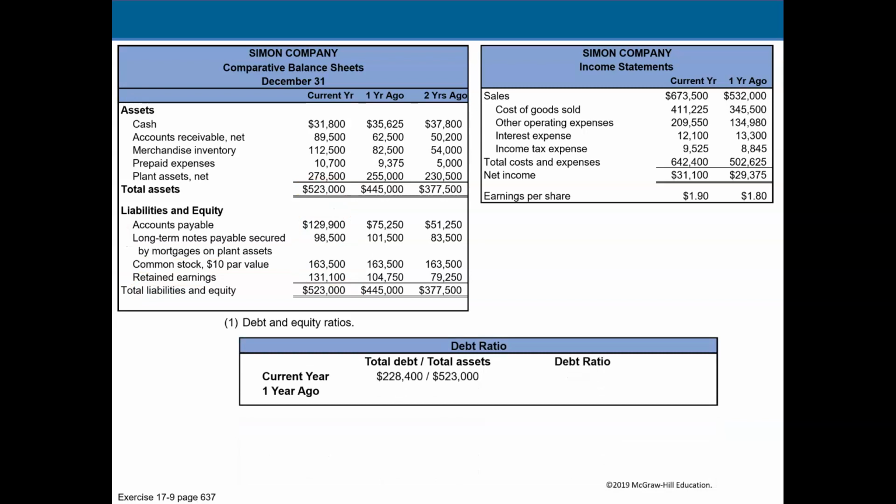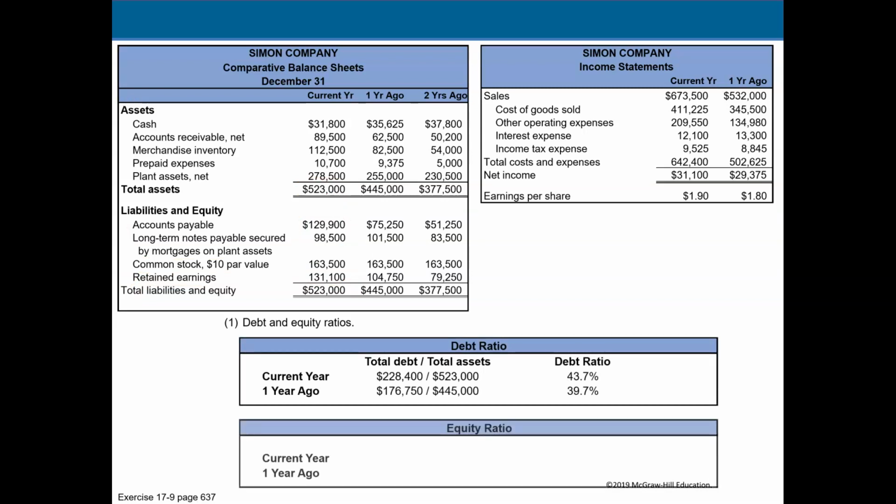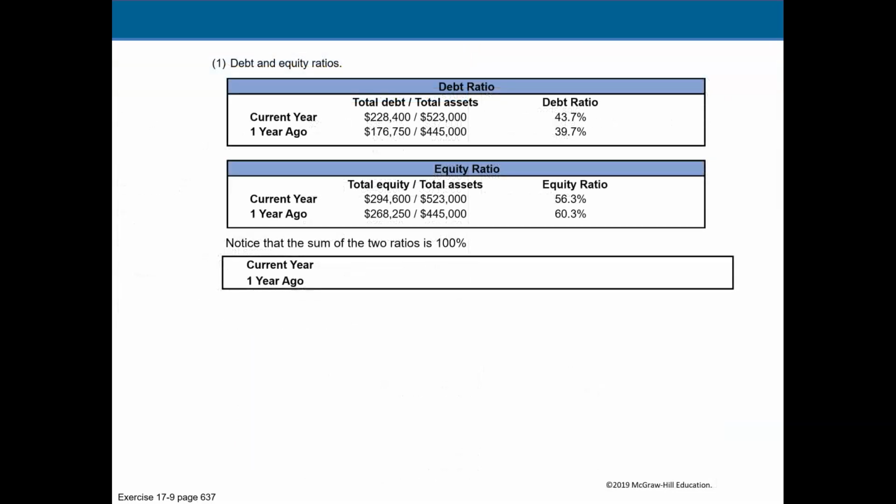Okay, let's look at, okay, we already did that. The only way you can earn money besides sales is through debt or through equity.